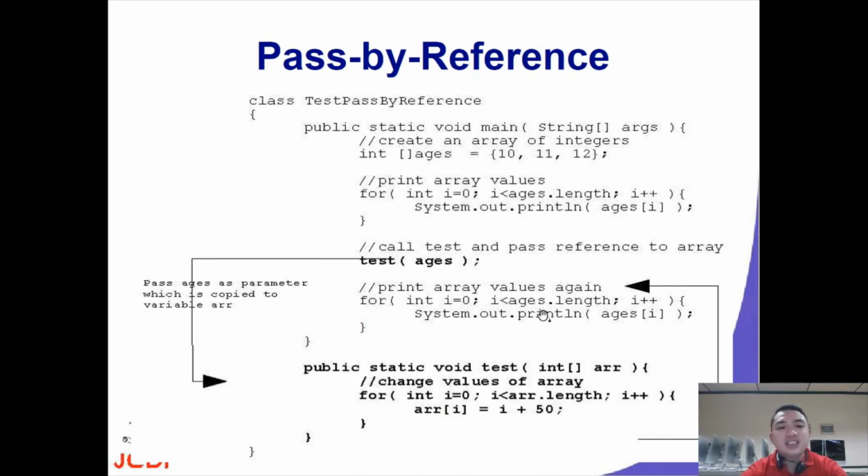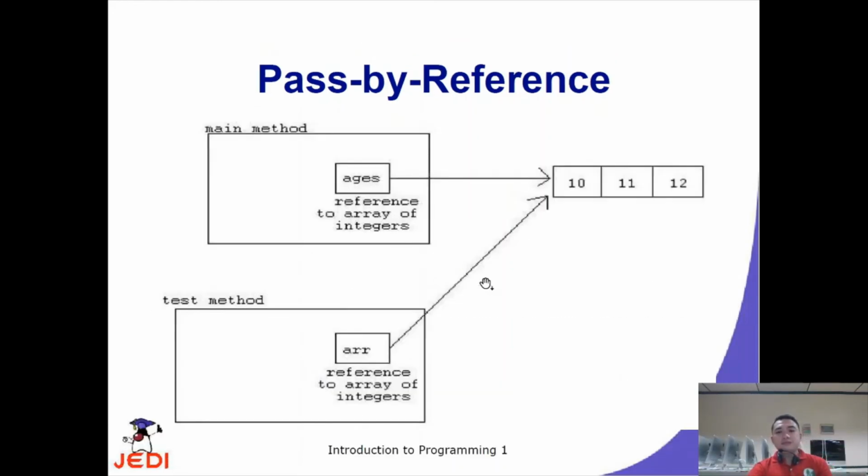Now in this case, since the method is pass by reference, whatever changes in the method will be changed also in the ages array. Okay? So this is just a representation.